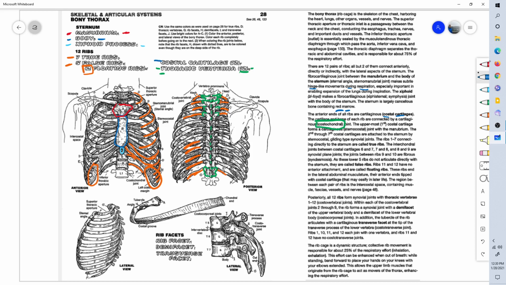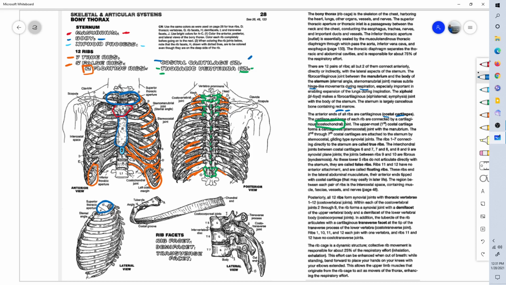And we have also discussed the costal cartilage, the rib cartilage. There's an opening formed here by the ribs. It is called the superior thoracic aperture. And that is the opening and connection from the neck to the bony thorax.